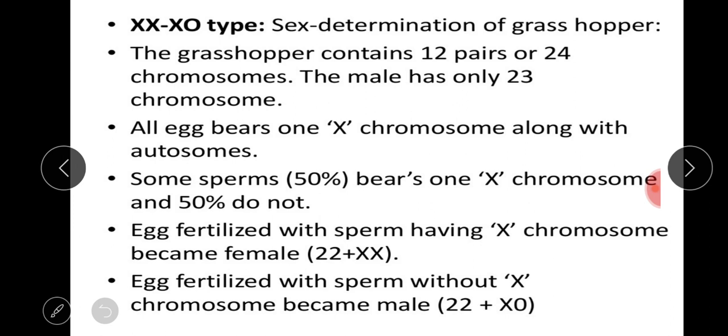And females have a pair of X chromosomes and produce homogametic eggs. Eggs fertilized by sperms having an X chromosome become female, and those fertilized with sperms that do not have X chromosome become males.